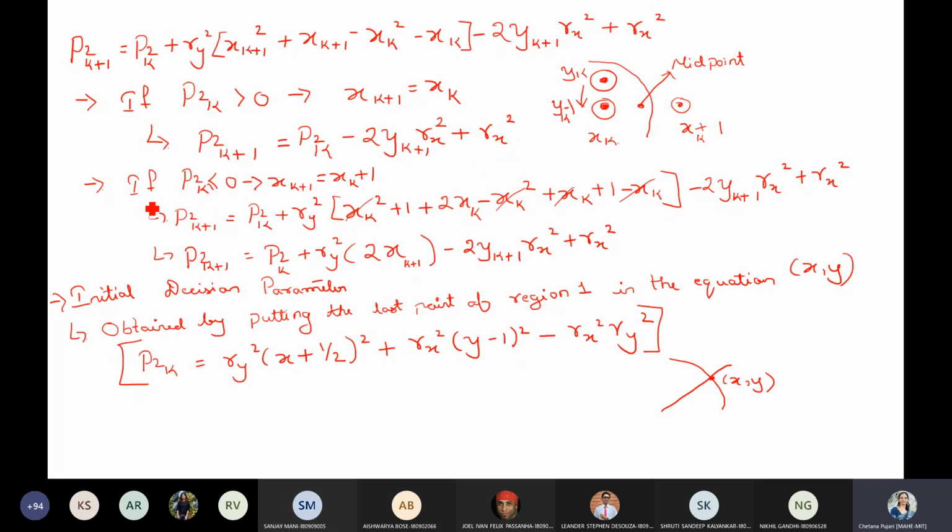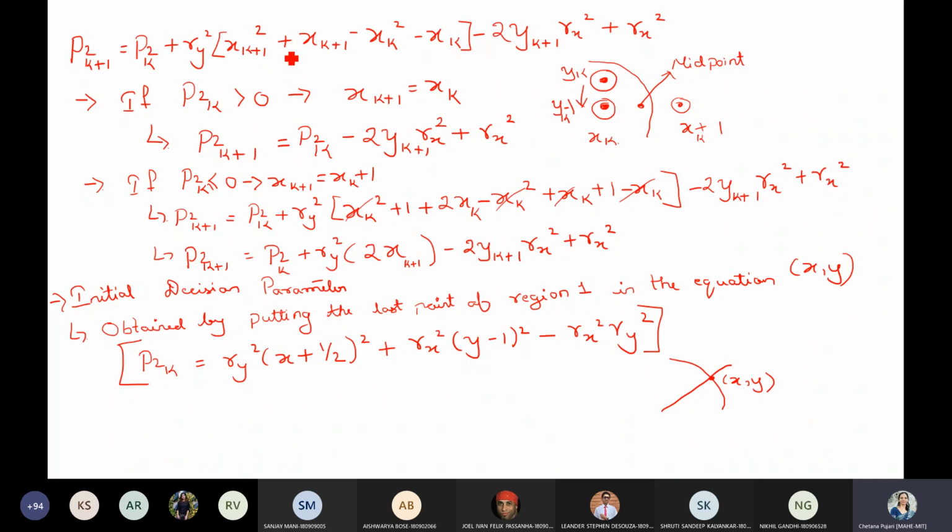Next is when your midpoint is outside the boundary. So this is the condition, that is P2 of k is less than or equal to 0. You are going to select your x of k plus 1, because your midpoint is outside the boundary. Next, in the same equation, you are going to substitute your x of k plus 1 with xk plus 1.